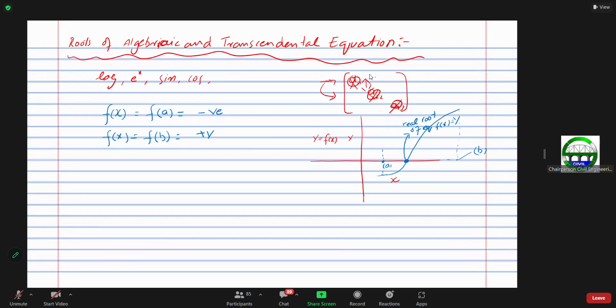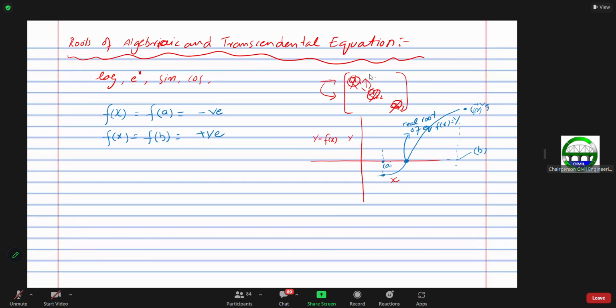If we put the value of a in here, we get f of x in this one, and f of x is below 0, so it will be negative. If we put the value of x here along the y-axis, the value will be somewhere here, so it will be a positive value.